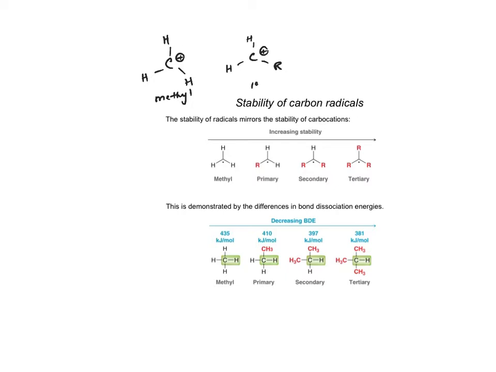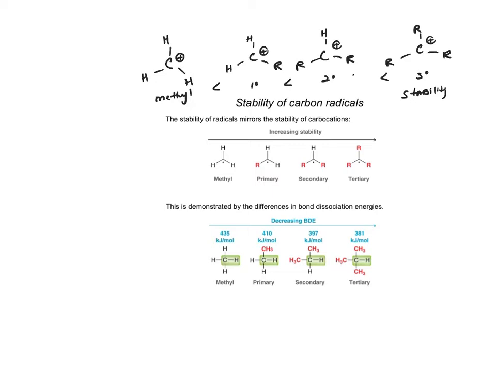So if we continue on, we have our secondary carbocation and our tertiary carbocation, where all of these groups are alkyl groups. Our tertiary carbocation is much greater in terms of stability than our secondary, and our secondary is more stable than our primary, and our primary is more stable than our methyl.